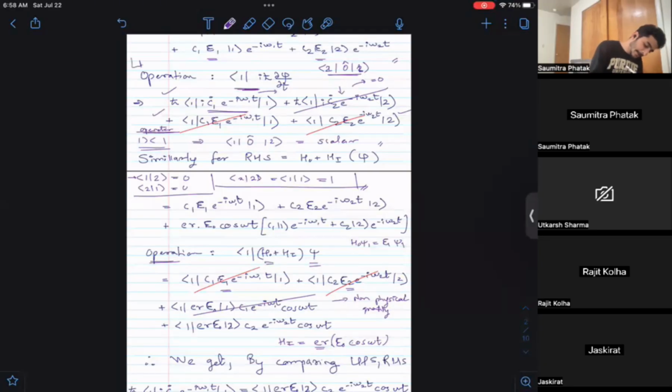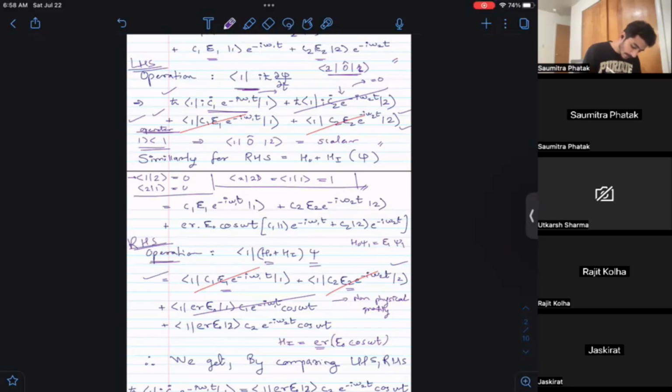So this is the left hand side and this is the right hand side. You can see that this term right here is exactly the same as this term, and this term right here is exactly the same as this term. That's why, if both terms are equal on the left hand side and right hand side, I have cancelled them out. Then we can cancel out one other term that comes in the right hand side because it is not physical.